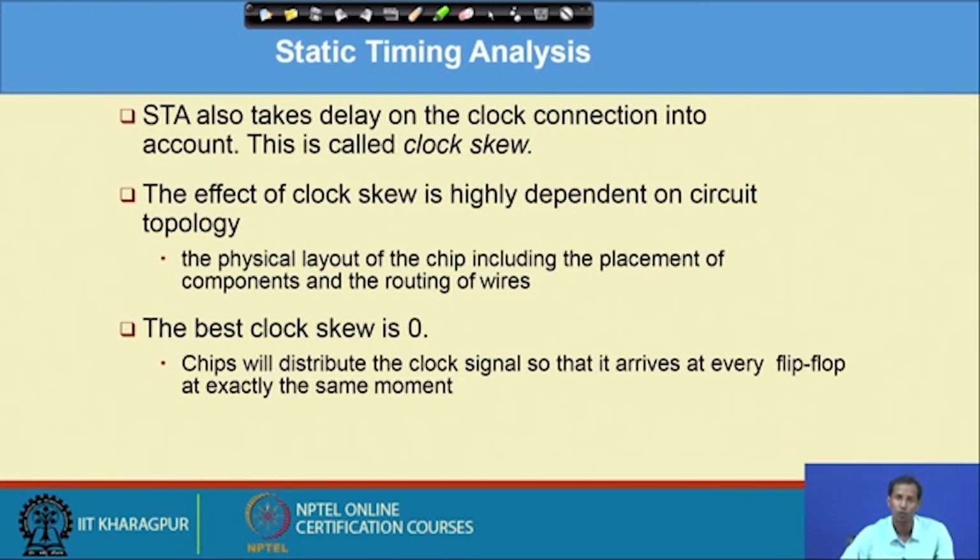That means suppose the clock connected to the closest one and the clock connected to the farthest element take the same amount of time. If they take the same amount of time, at that time we can consider the clock skew as 0. So, clock skew means the time gap between the closest one and the farthest one.